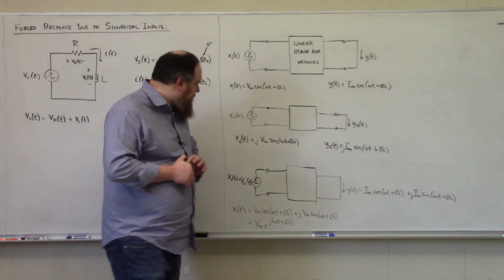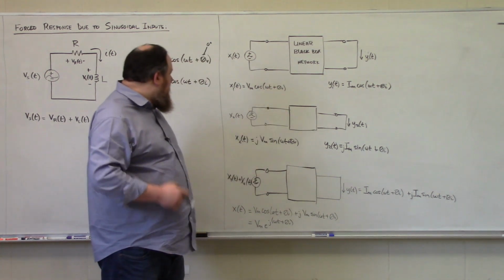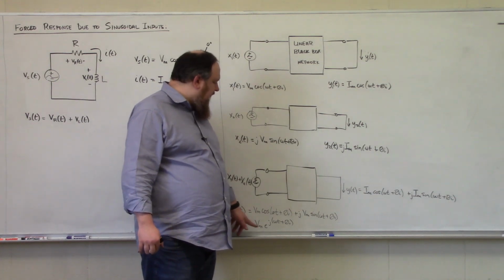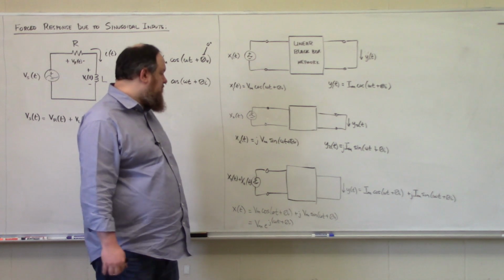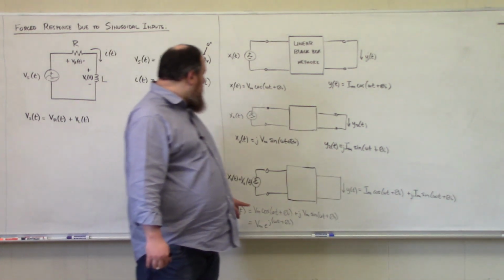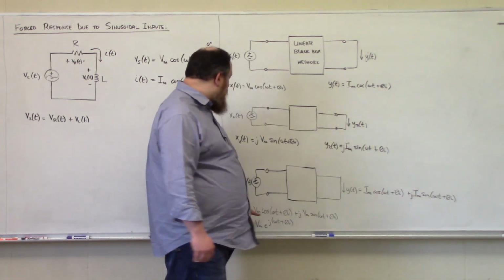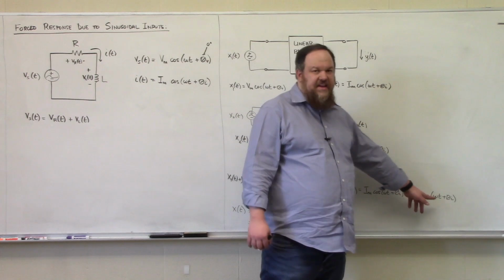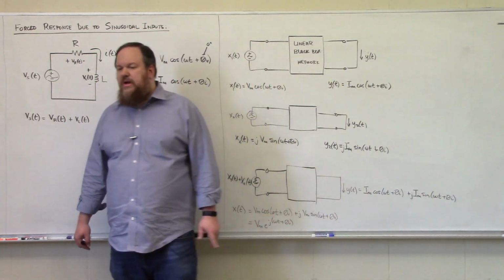Let me explain why. What this is telling us is that if I apply a complex excitation, the real portion of the output corresponds to the real portion of the input, and the imaginary portion of the output corresponds to the imaginary portion of the input.